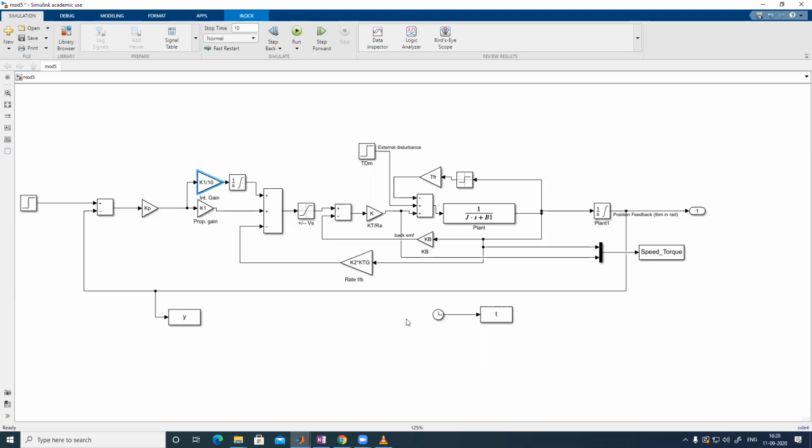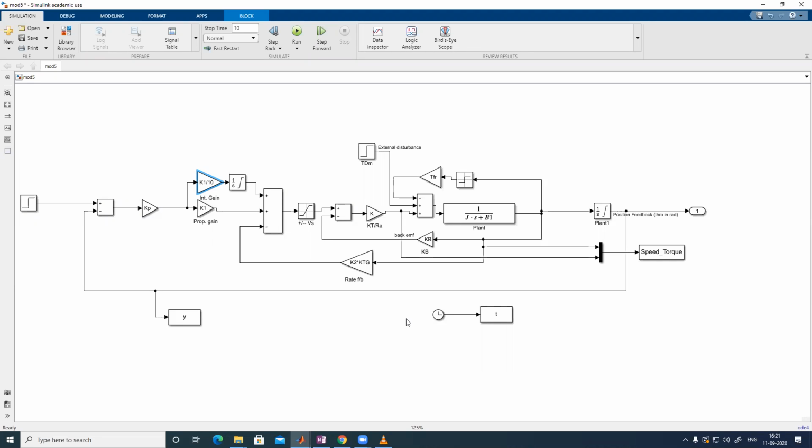That is why you are using this lab. Here it is PI plus rate feedback only, not checking all the things. You checked these things earlier. So in nonlinear systems, for this purpose, you are using PI plus rate feedback.